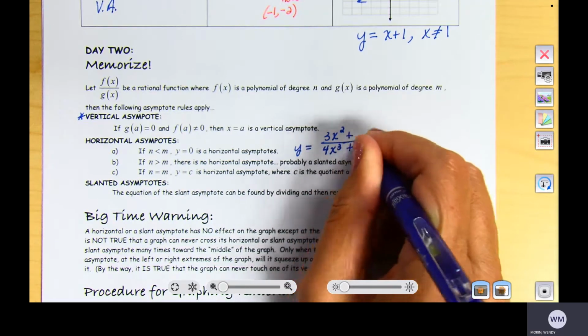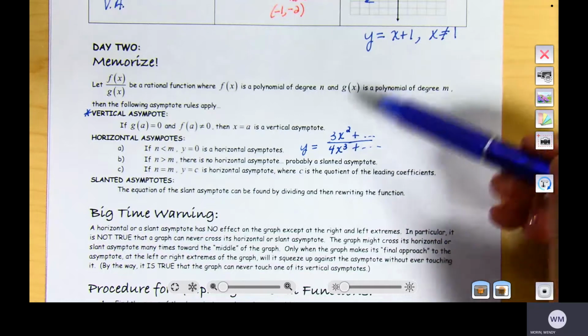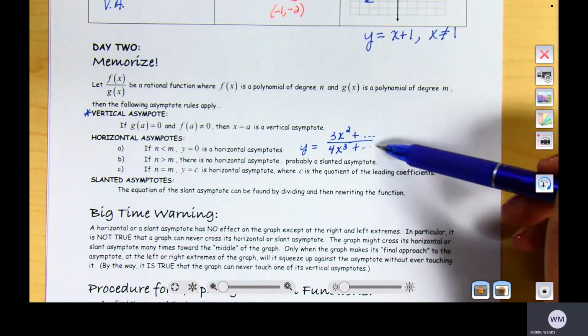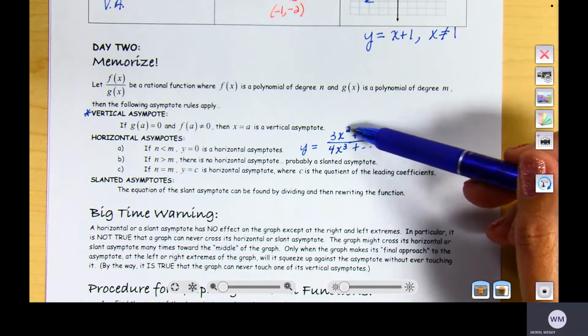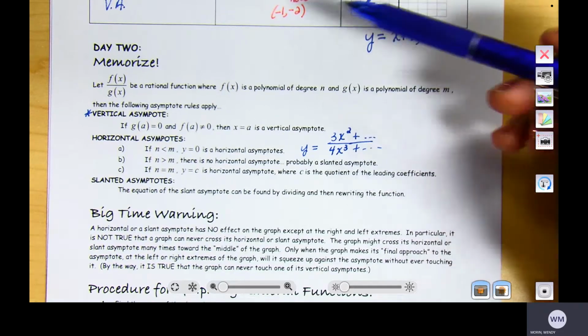Let's say that we have a polynomial, and we'll need to look at the leading terms. This denominator is going to get a lot bigger than this one here. Did I do that right, or did I do it backwards?